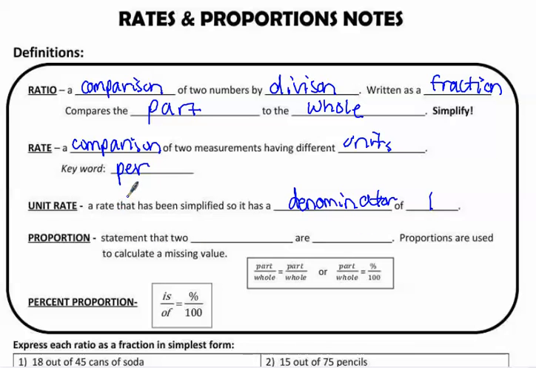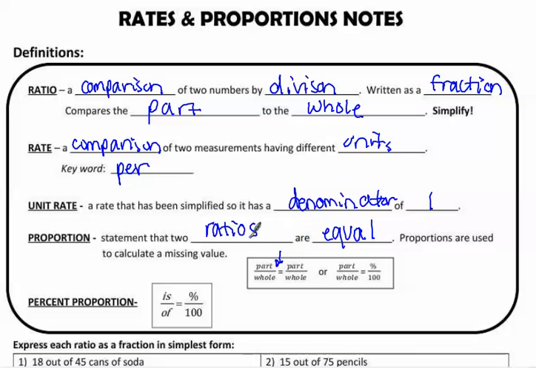A proportion is a statement that two ratios are equal. Proportions are used to calculate missing values. So as you can see here, here's your one ratio, part over whole, equals part over whole, which is a second ratio.